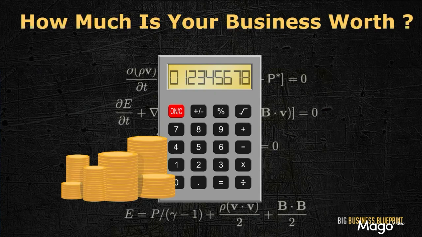Next, you need to calculate your company valuation. There are several ways to do that, and in this video, we'll really only cover two. The first is enterprise value, or EV, over earnings before interest, taxes, depreciation, and amortization, or EBITDA. The second way is P over E, or price to earnings ratio.